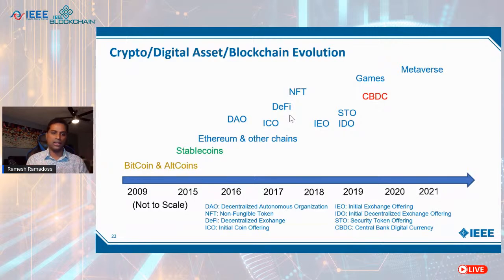The rules are coded by smart contracts, and then we talked about non-fungible tokens. There's decentralized finance. There's ICO, IEO, and IDO, and there's a whole list of things that happen. And there's games, and lately there's a lot of talk about the metaverse, how blockchain enables the metaverse.